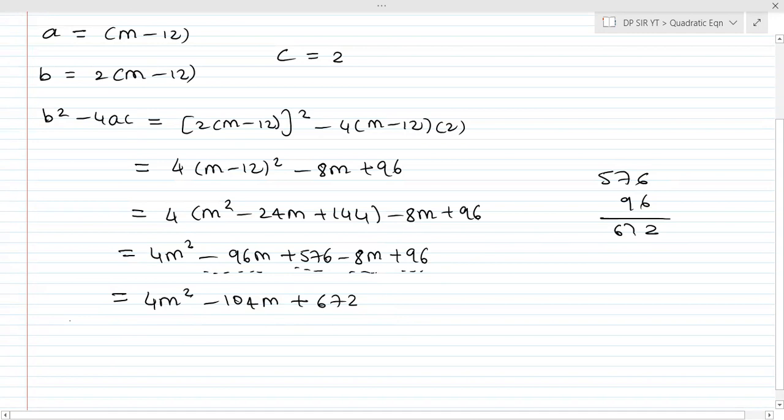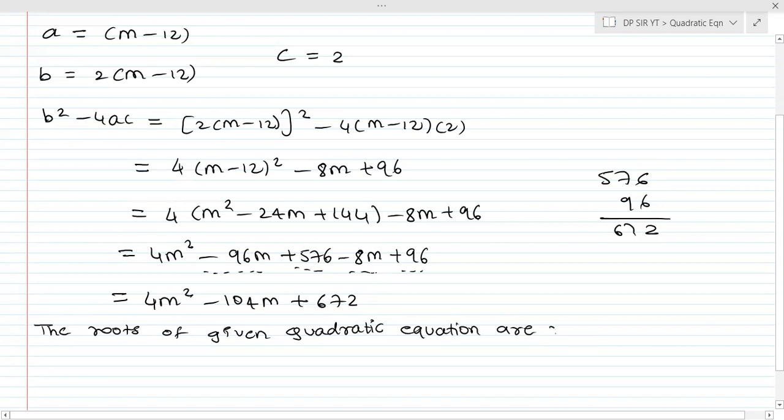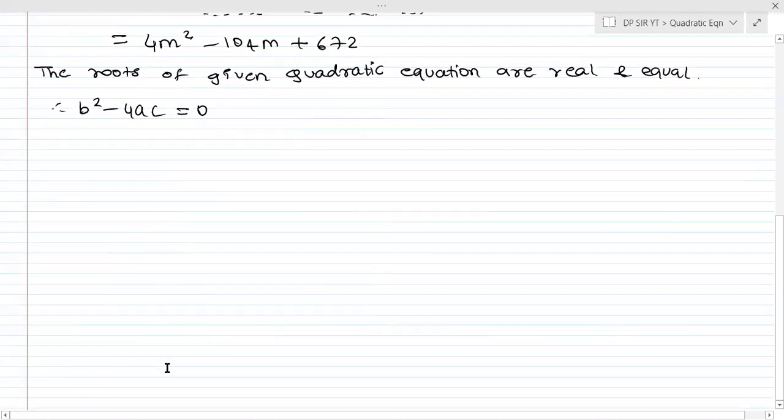Okay, but the roots of the given quadratic equation are real and equal. It simply means that b square minus 4ac is equal to 0.